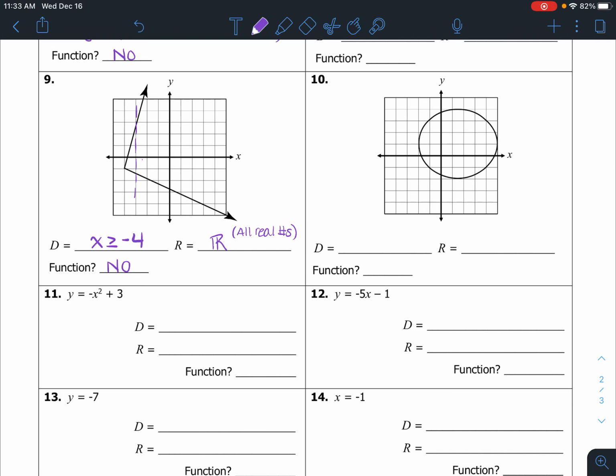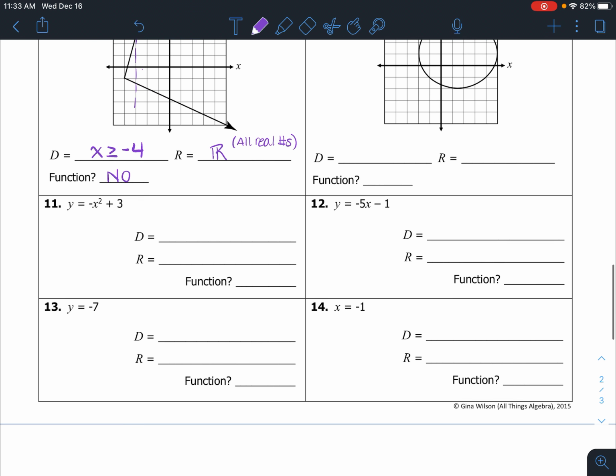So next, with these examples, you're going to need to use your graphing calculator. So if you tried to graph the function y equals -x squared plus 3, you would get a graph that looks like this. So 1, 2, 3, be sitting right there. It'll look like this.